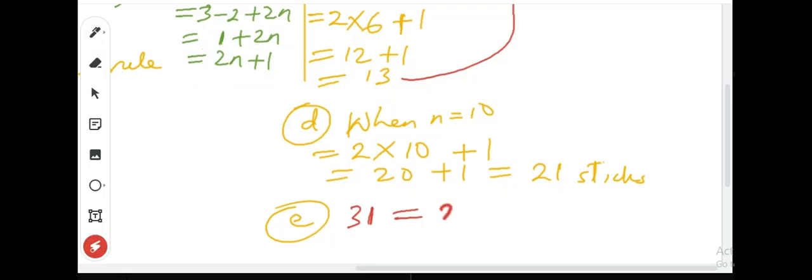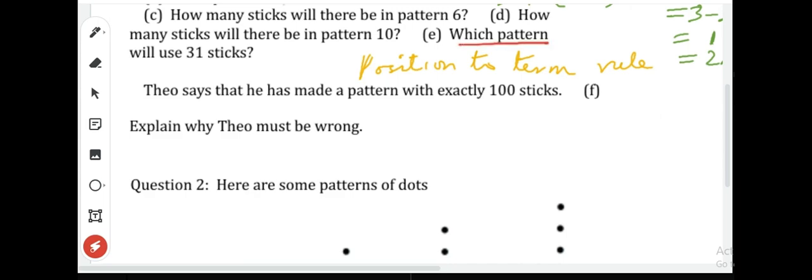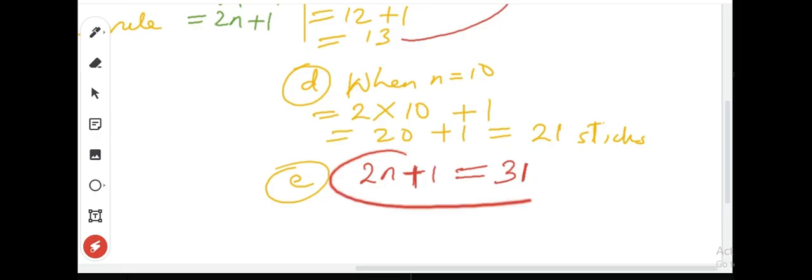So 2n plus 1 must be equal to 31. All we need to do is to solve this simple equation.